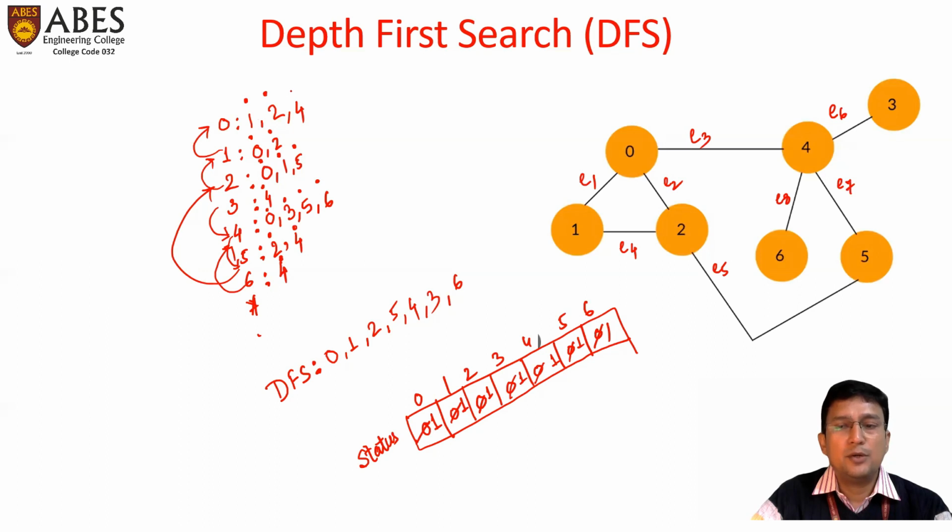This vertex has already got visited. Then we'll look at the connection number 4, which has already got visited. So every connection from 0 is complete. And finally, I'll go to the calling function, which is the DFS with the vertex number 0. It means the main function which called the DFS. So DFS is complete, and this is the DFS sequence.